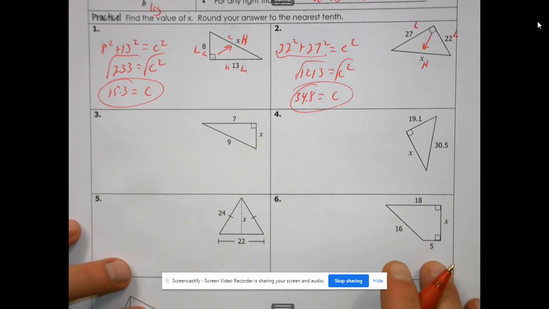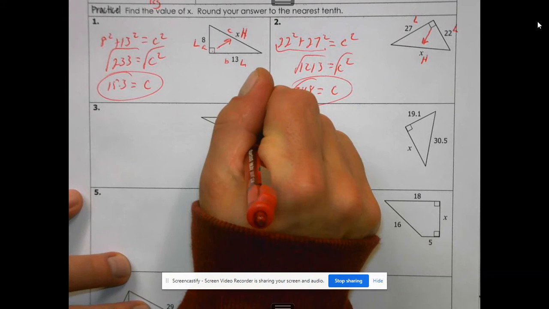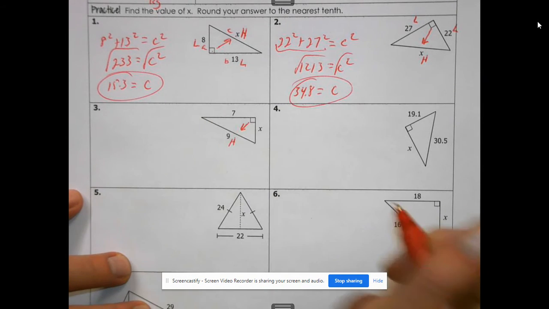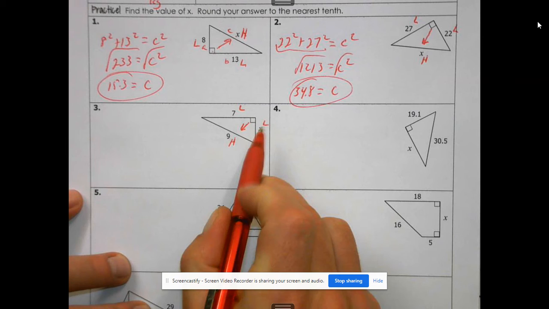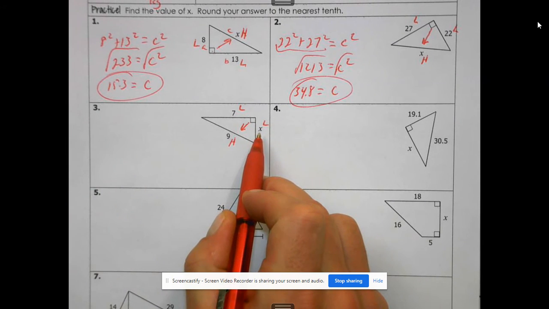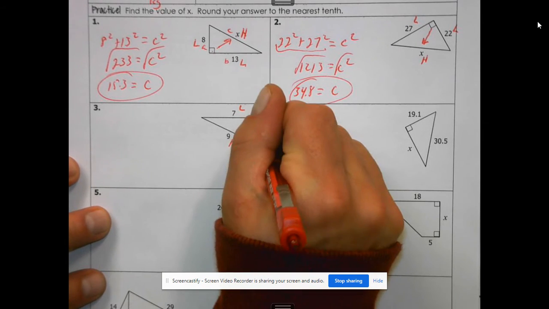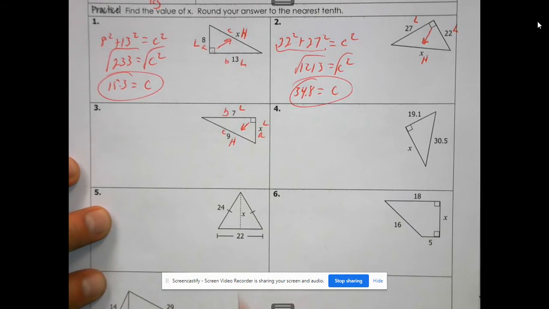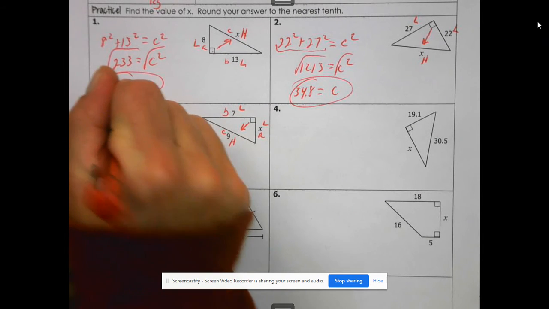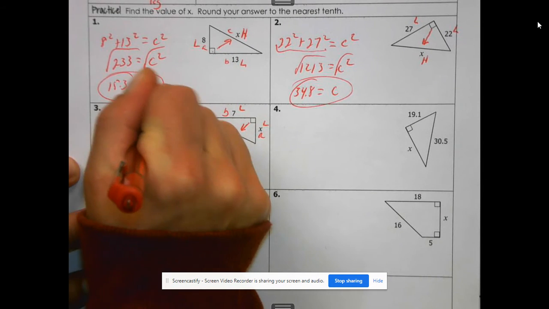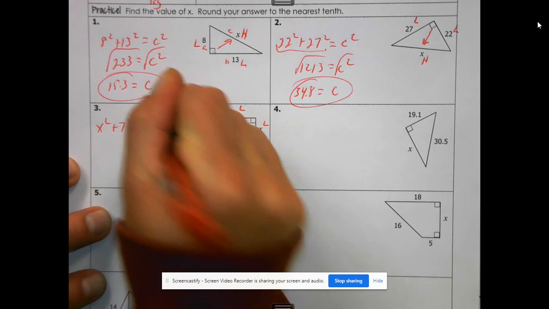Number 3. The piece across from the 90 is your hypotenuse. We have that. But in this case, we're missing one of the legs, right? And this can be A or B. It doesn't matter if you're missing the A or if you want to call it B. It does not matter. So plug into the formula. I'll just call this the A piece, that B, and there's your C as usual. X squared plus 7 squared equals 9 squared.